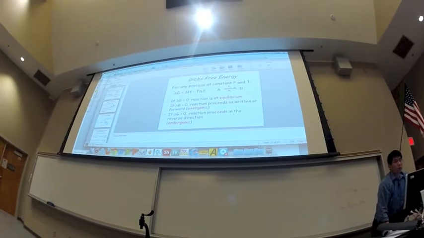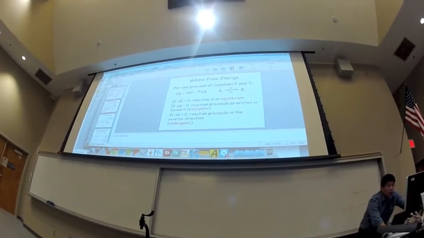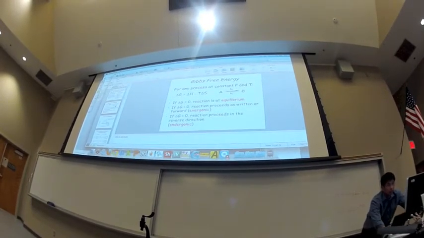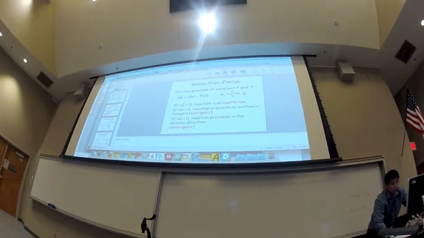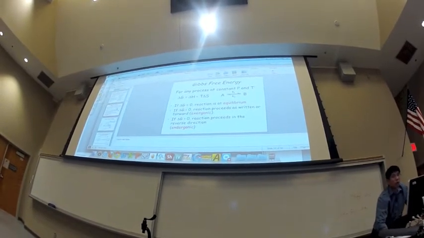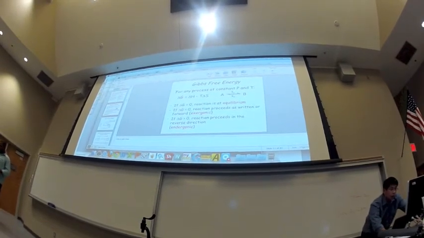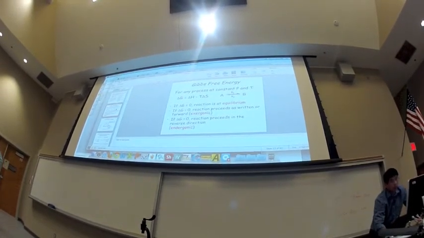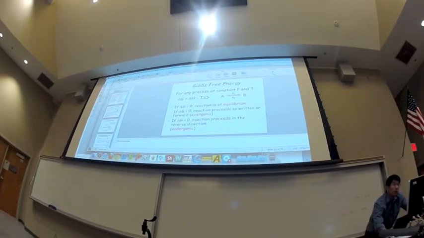And know the difference between exergonic and endergonic. Delta G less than 0 is exergonic. Delta G greater than 0 is endergonic. You should know which one is a spontaneous reaction. When delta G is less than 0, that's a spontaneous reaction.